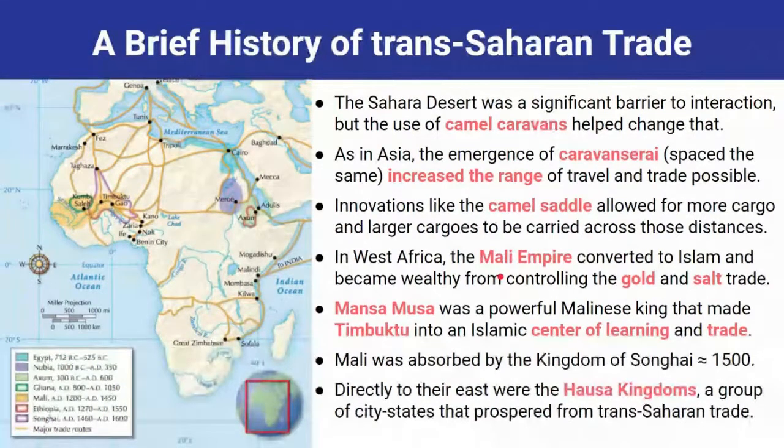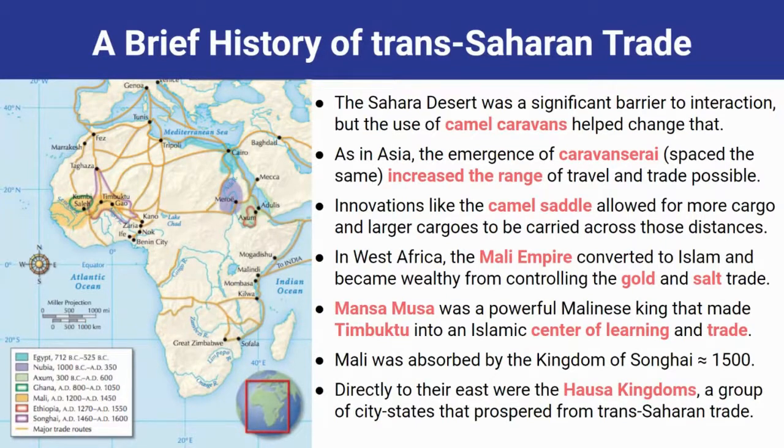After going on Hajj and spreading the fame and wealth of the Mali Empire all the way through to Mecca, he comes back and decides to make Timbuktu an important Islamic center.